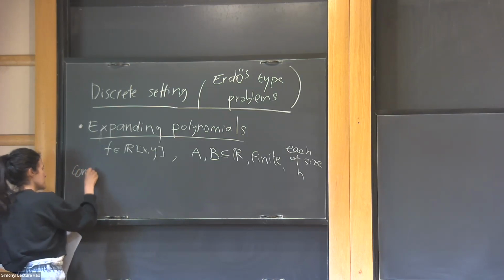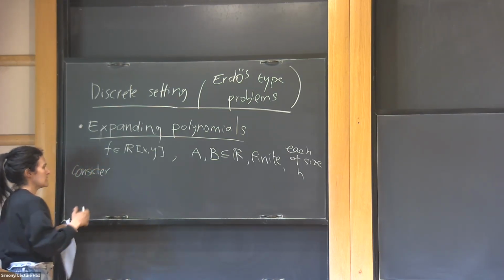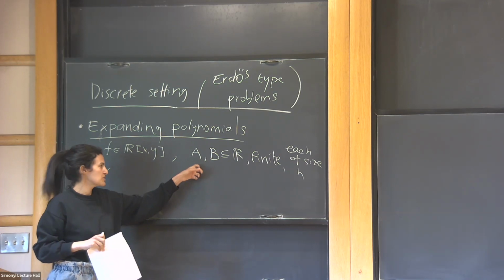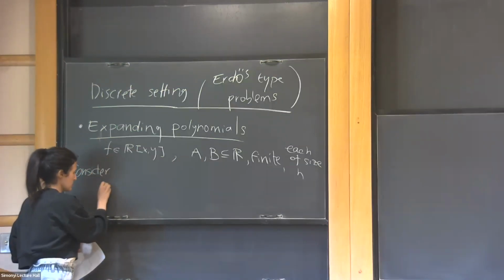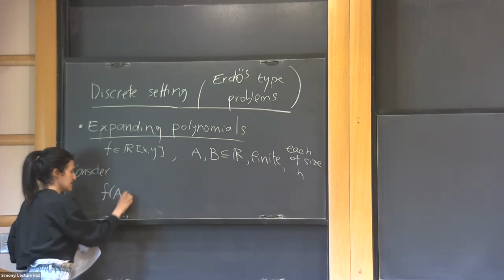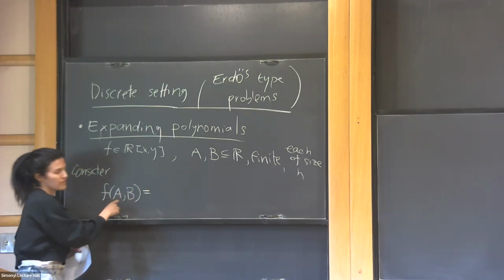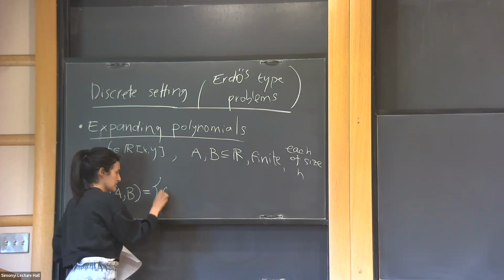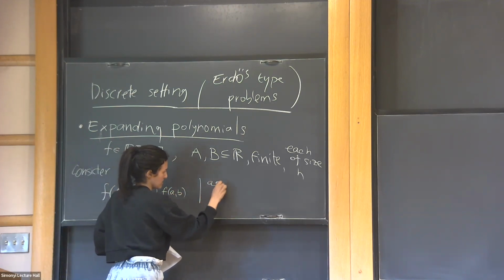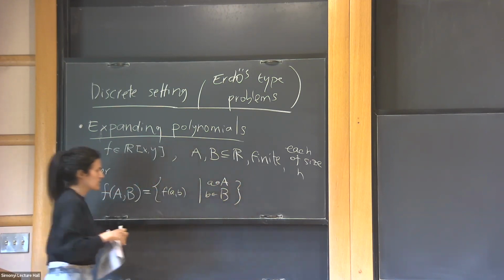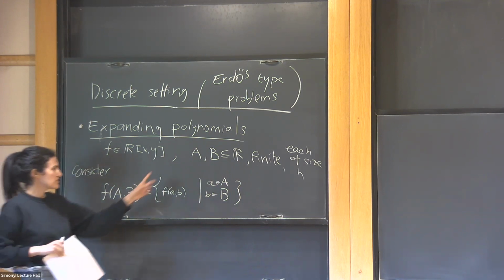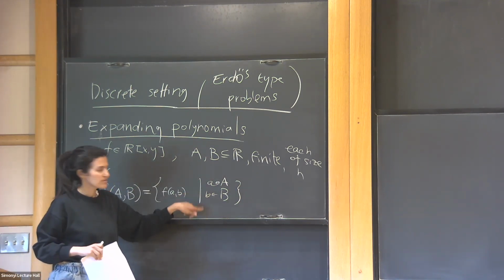what we are looking at is the image of A Cartesian product B under this polynomial f. So I will denote it like this: f of A, B is just the set of f(a, b), where a is from A and b is from B. So if each of these sets is of size n, we consider here n squared pairs.